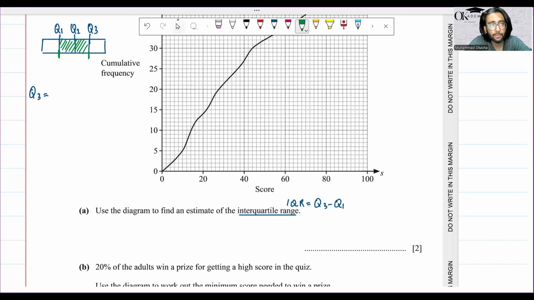So the formula: this is 1 over 4, this is 2 over 4, this is 3 over 4 times n, where n is all the data points.